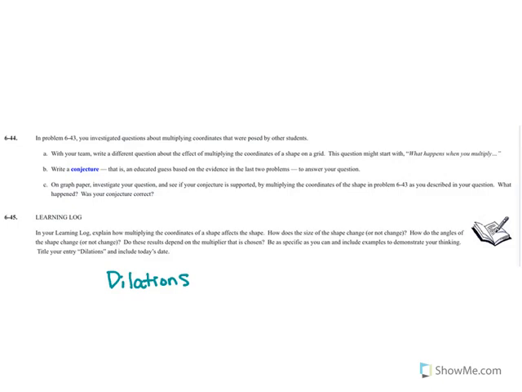It says, explain how multiplying the coordinates of a shape affects the shape. So if we multiply by a number that's greater than 0 but less than 1, it's going to make it smaller. It also made it closer to the middle or the origin. I'm just using middle because origin's kind of tough for you guys sometimes still.